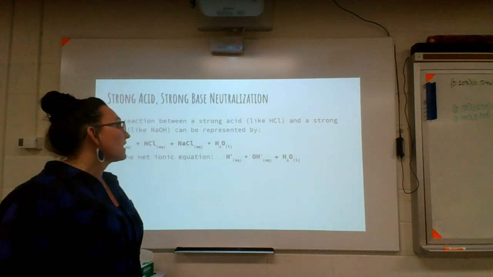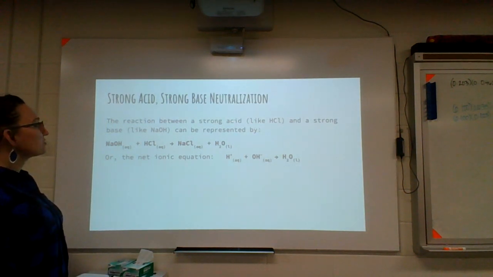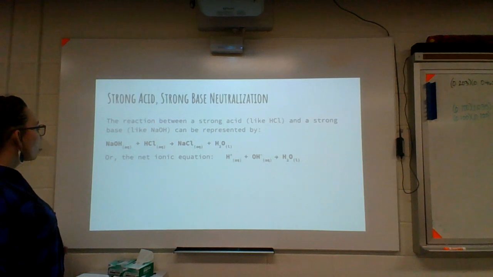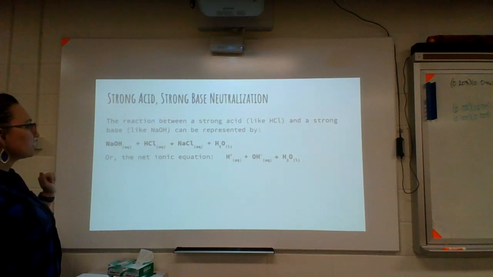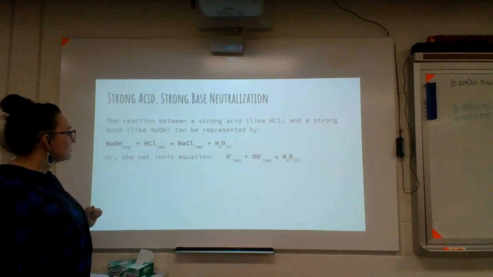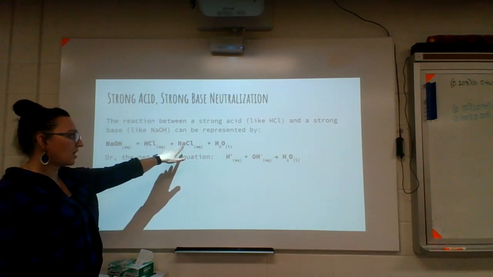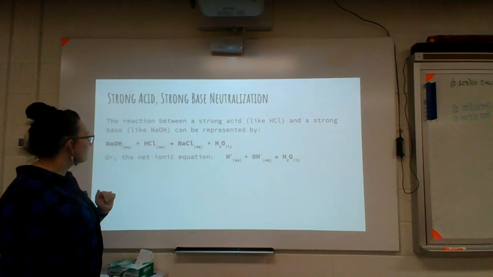So when we have a strong acid and a strong base, they perform a neutralization reaction. So this is an example of a neutralization reaction. You can see our strong base and our strong acid will recombine to form an ionic compound and water.